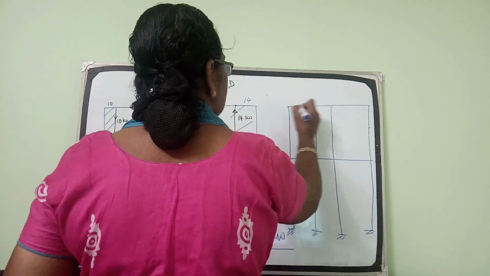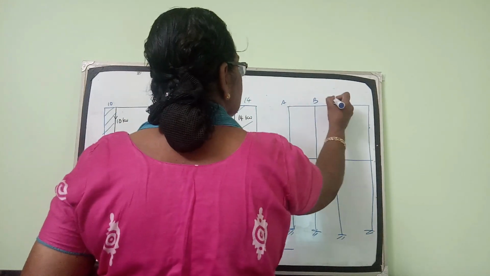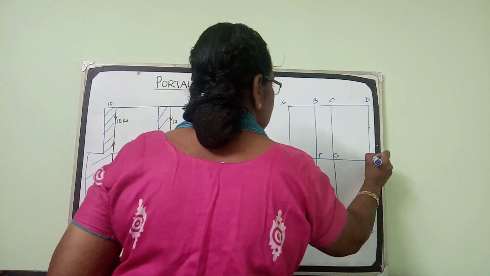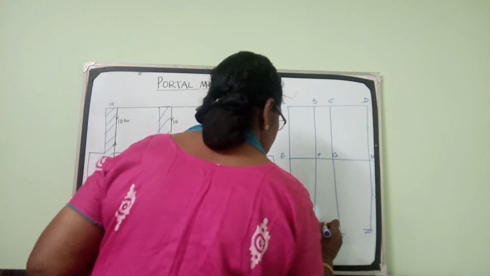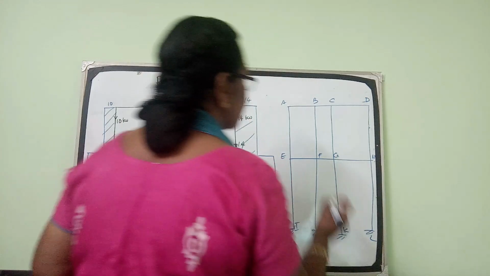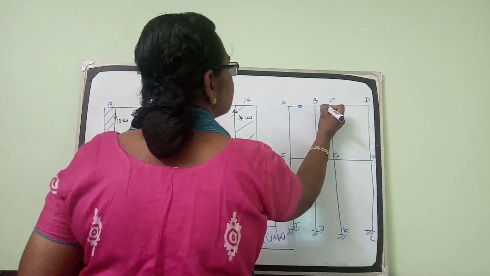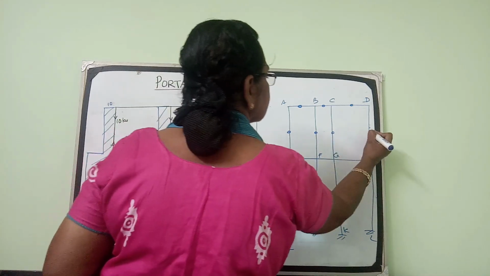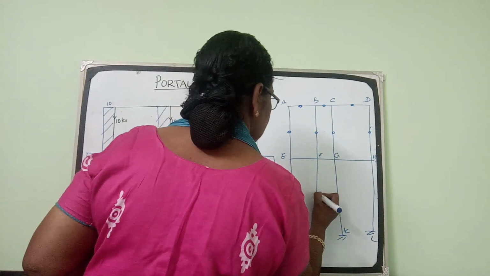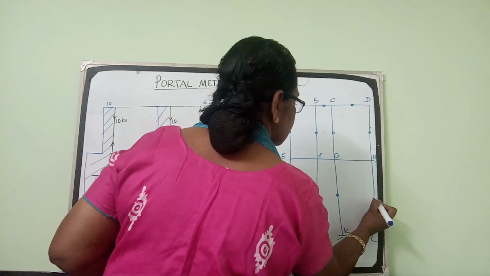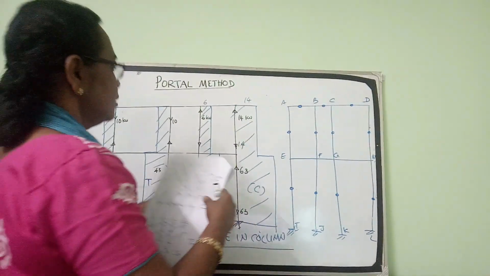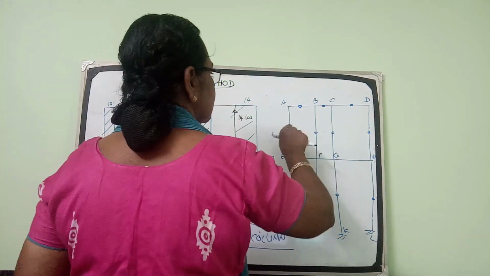We have the beams A, B, C, D, E, F, G, H, I, J, K, L. There is point of contraflexure in the structure at the midpoint of each beam and at the midpoint of each column.